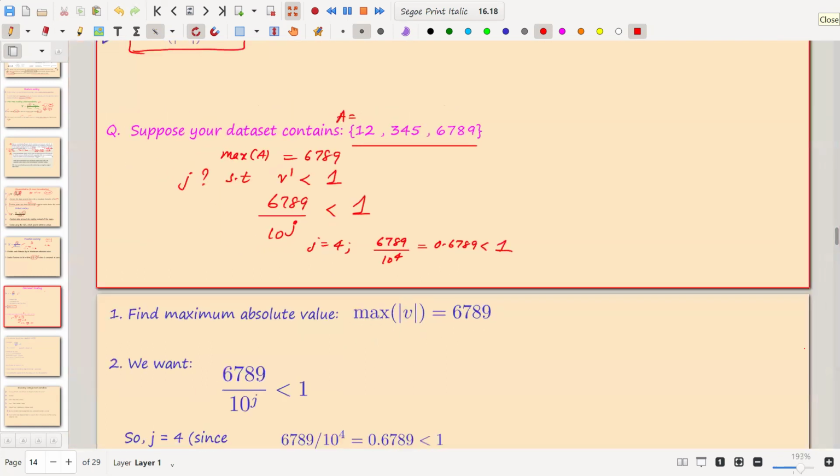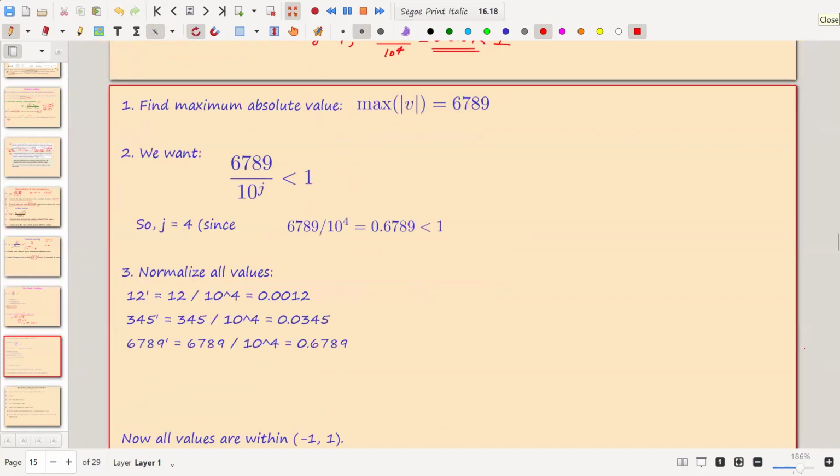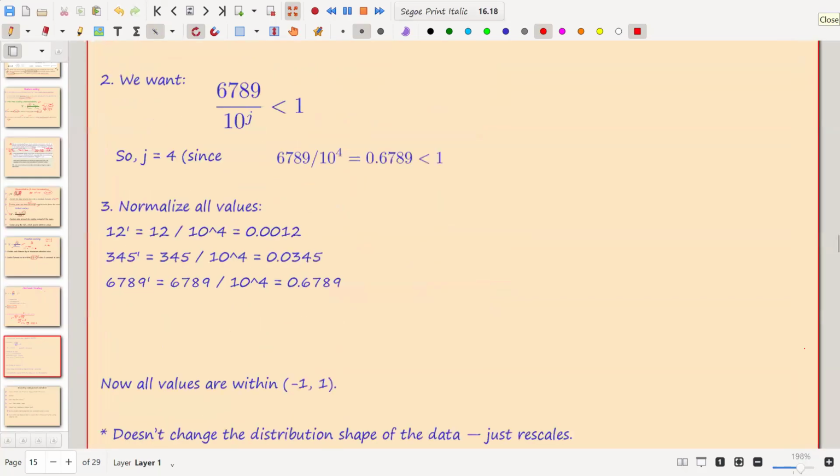So this is known as decimal scaling. Such a big data value like 6789, you transform to just 0.6789, a quantity less than 1. The same thing you apply to all of your data elements, right?